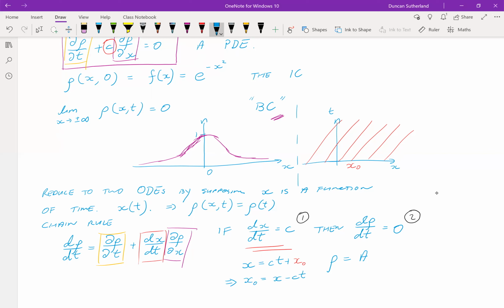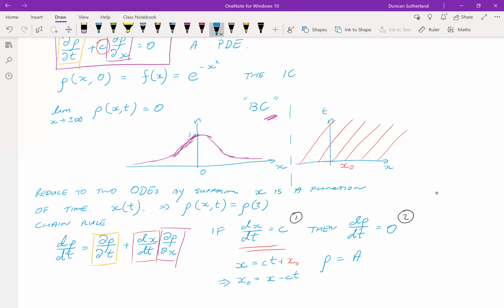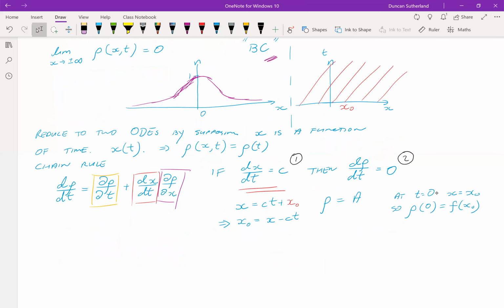But because f of x is a function of x of t, all we do is we plug in our initial x value. So at t equals 0, x equals x naught. So rho naught equals f of x naught equals e to the minus x naught squared.